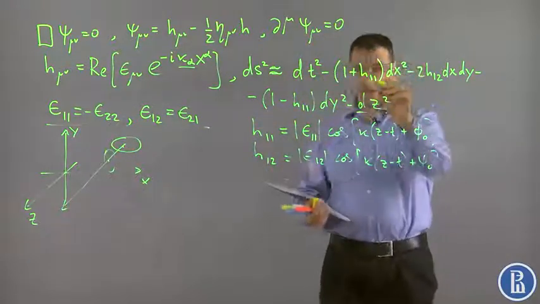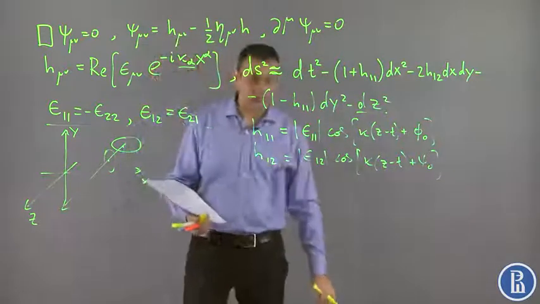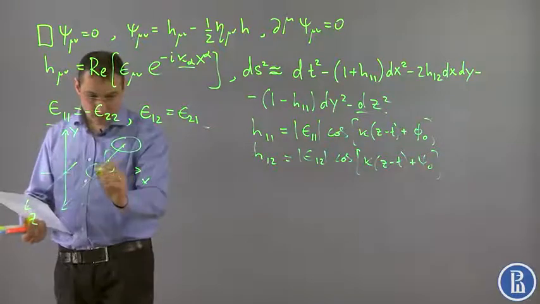So this guy solves the linearized approximation to Einstein equations, and it describes the propagation of the wave, which is finally transformed.